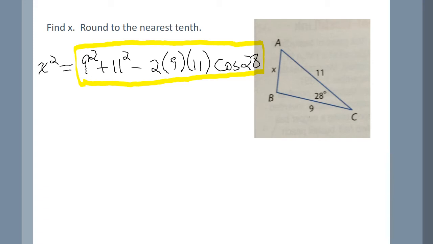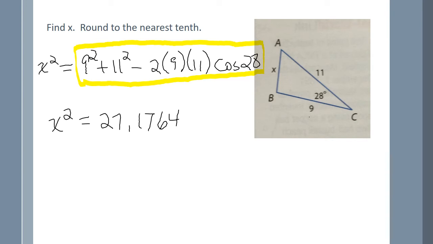And I find out that x squared is equal to 27.1764 on my calculator.